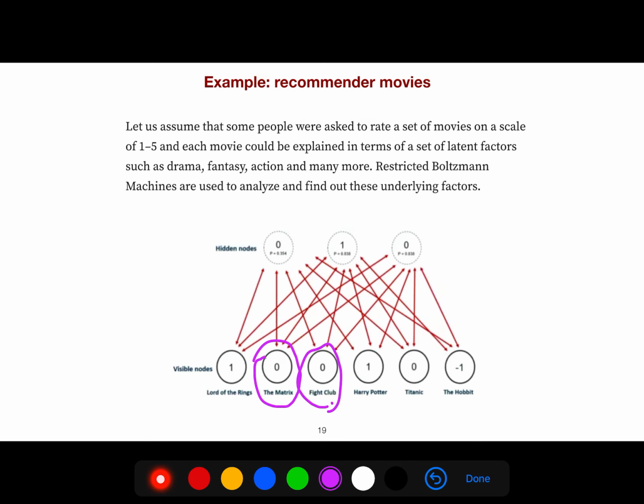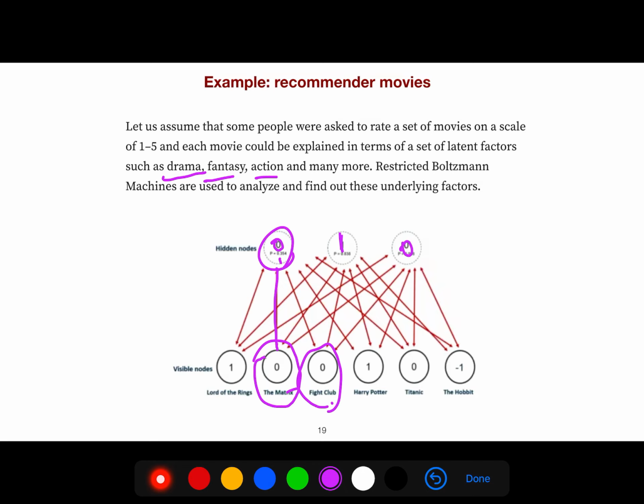So the Matrix, for example, depends on the rating of movies, and also we have latent factors such as drama, fantasy, action. For example, if 1, it means it is action. If 0, it means it is not fantasy. If 0, it means it is not drama. And so you relate those things with it.